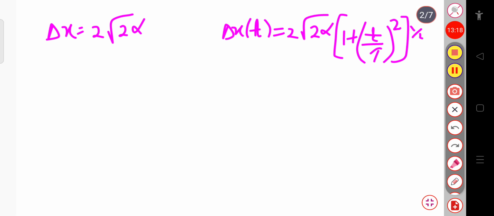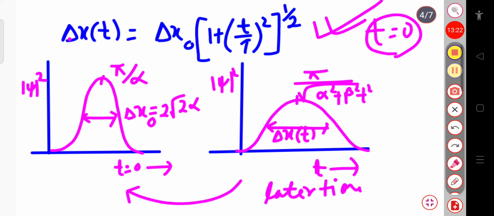This is the basic difference between these two. So what we basically concluded is that at later time t, the probability graph of this function psi gets larger, or I can say that this wave function curve gets flatter with respect to time.